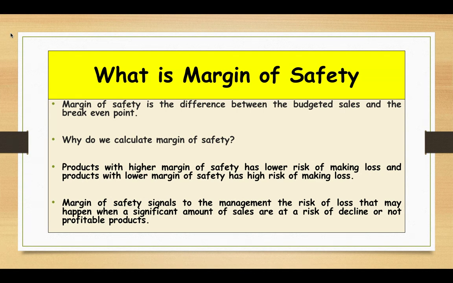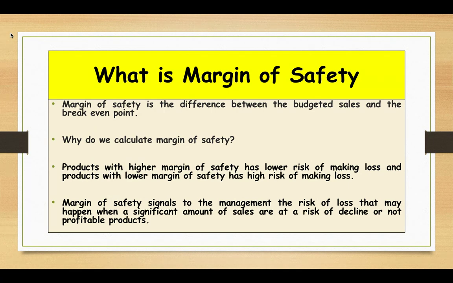Now we are going to see that products with a higher margin of safety have lower risk of making loss, and products with a lower margin of safety have high risk of making loss. In our previous example, the margin of safety as a percentage of the budgeted sales: margin of safety was 12,000, the budgeted number of units 15,000.